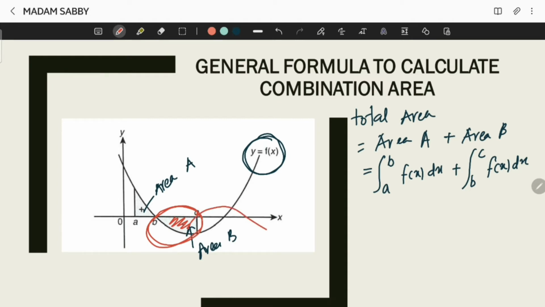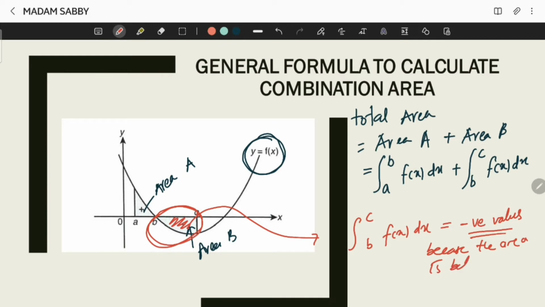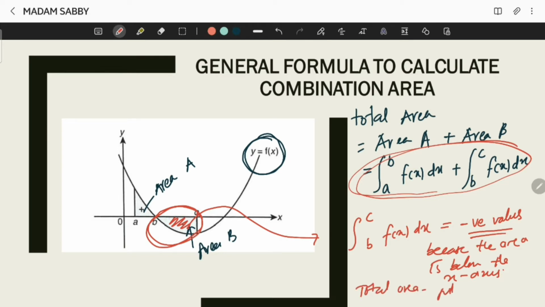So when you calculate this part, the integral from b to c of f(x) dx, you will get a negative value, because the area is below the x-axis. When we are calculating the total area, we will ignore the negative sign. Just take the values.